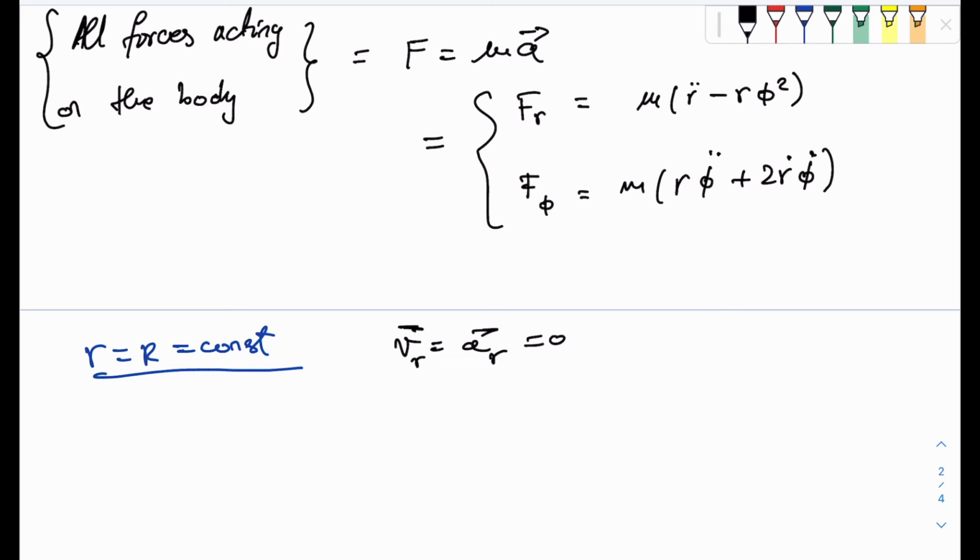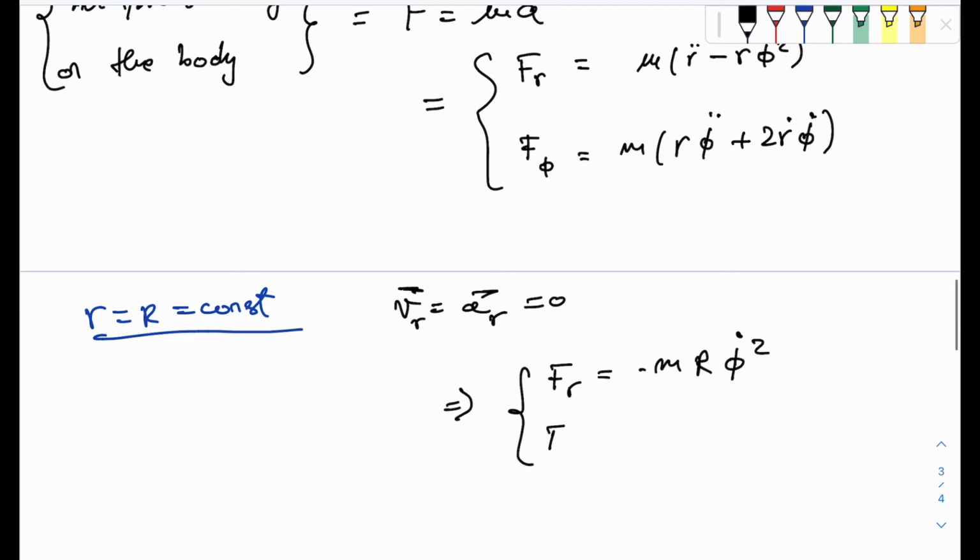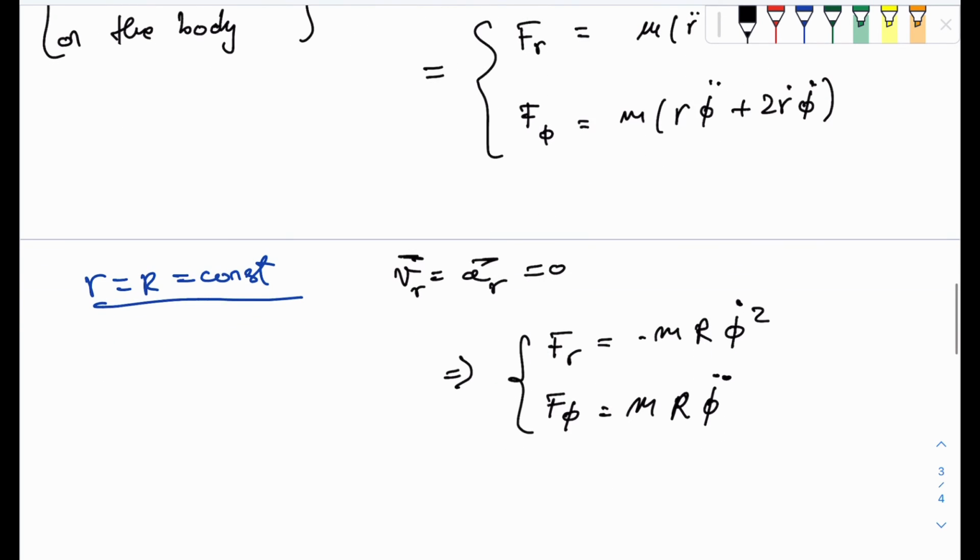So F r is going to be minus m R phi dot squared, with a big R, and F phi is going to be m R phi double dot. So in our case, we have no velocity and acceleration in the radial direction, just in the rotational direction.